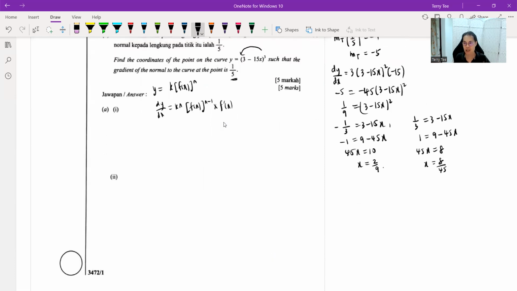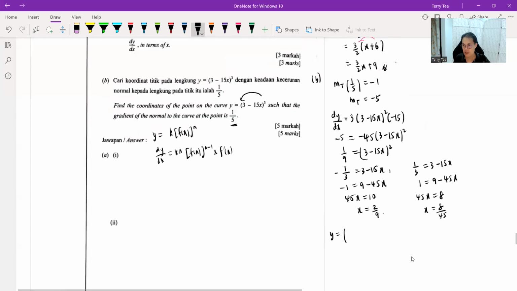But it's okay. Some numbers can be ugly, but can't help it. Now, we got your x value, to find your y value, sub inside. You're finding the coordinates, right? So it's 3 minus, okay, let me write nicely. Let's move this down a little bit so you can see the whole question.